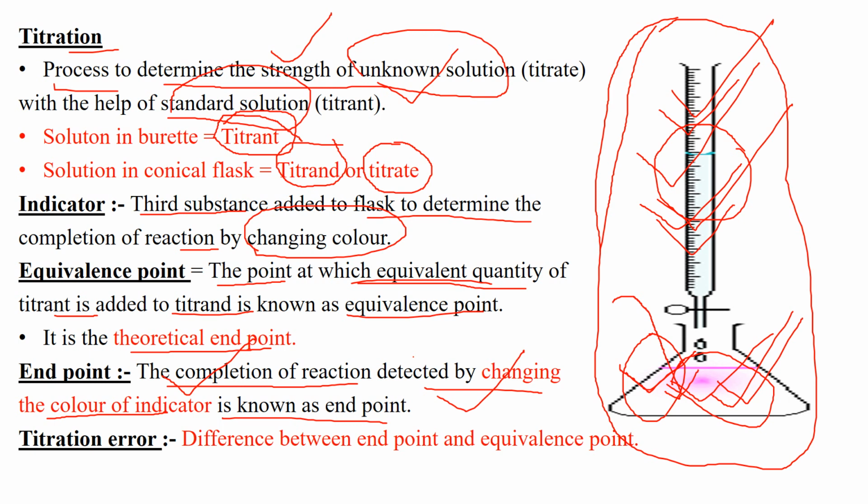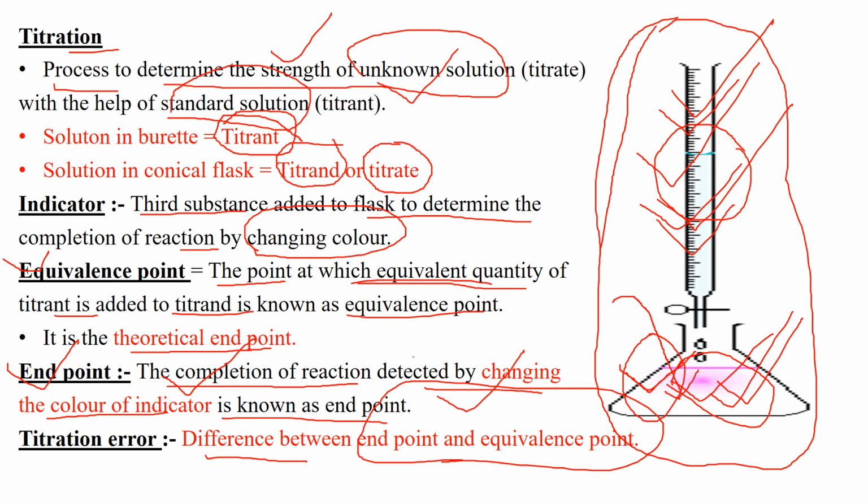Titration error is the difference between the endpoint and the equivalence point. Endpoint and equivalence point may not be the same, and there is some difference between them. This difference is known as titration error.